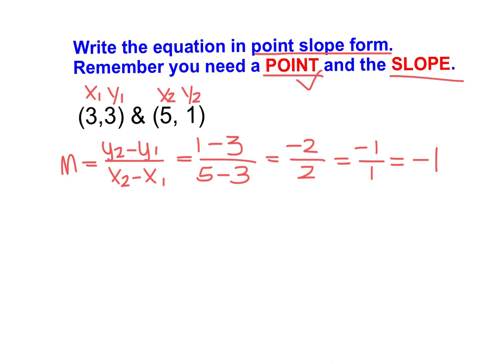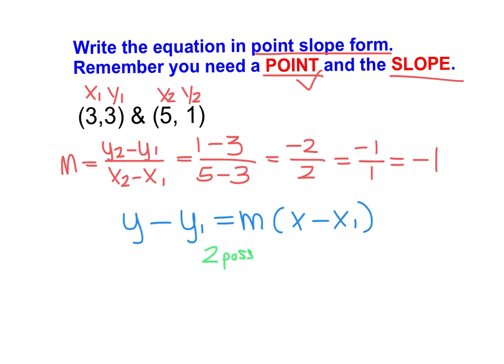Then what I'm going to do next is write the equation of my line in point-slope form. Remember, that's y minus my y-coordinate is equal to my slope times x minus my x-coordinate. And since I have 2 points, I'm going to write this in 2 different ways. So there are 2 possible equations that you could write for me here.